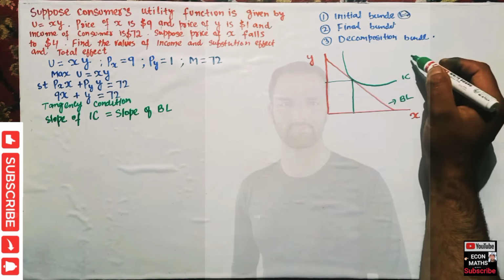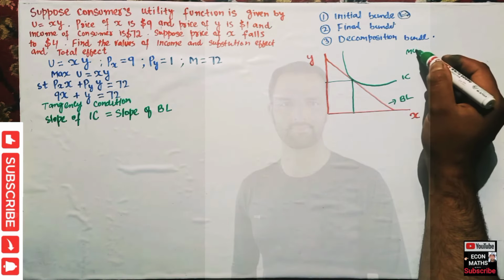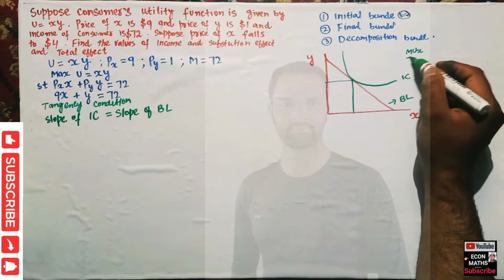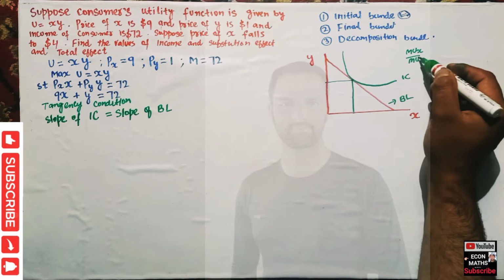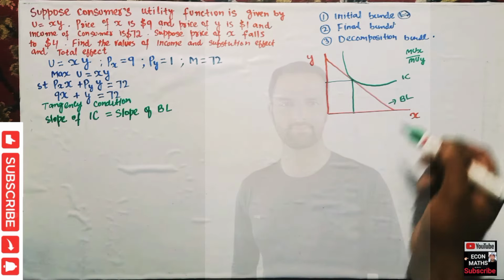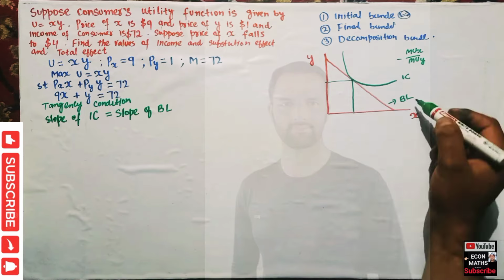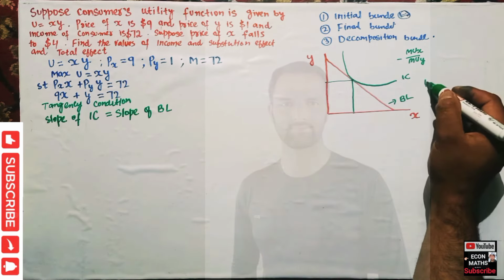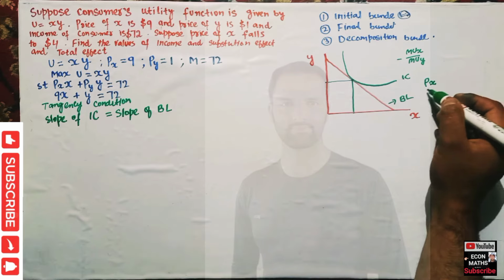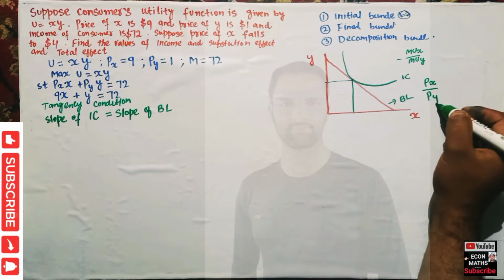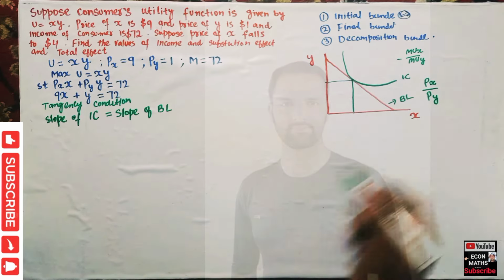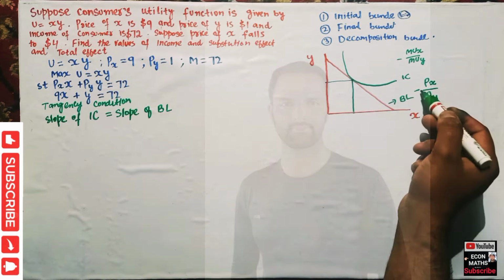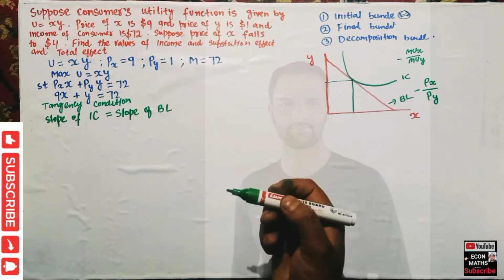It is simply the marginal utility of good x upon the marginal utility of good y, and it's negative. And what is the slope of the budget line? We know the slope of the budget line is equal to the ratio of the price of x over the price of y. So this condition should hold, and since both are negative, we have this negative sign here.